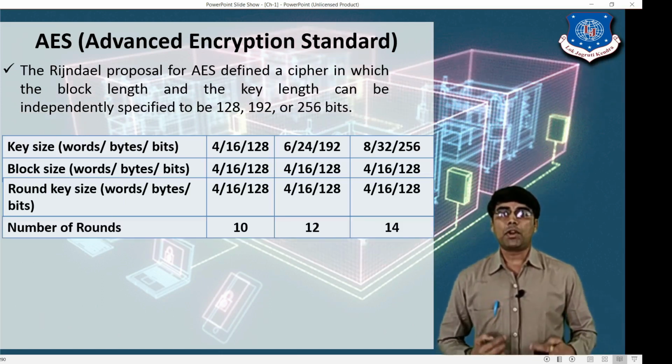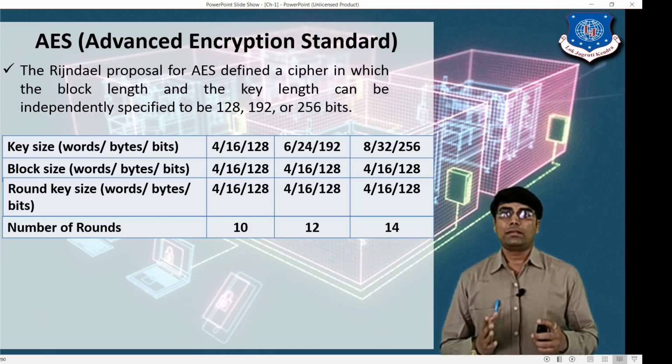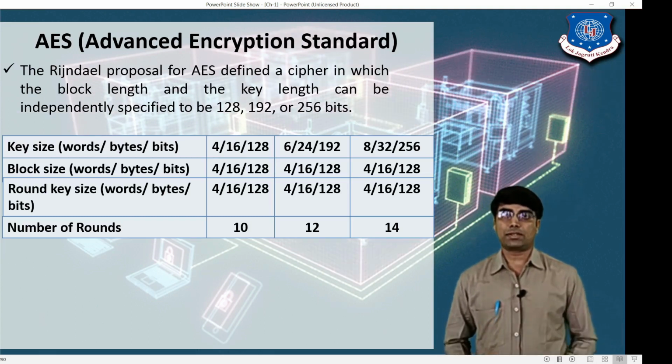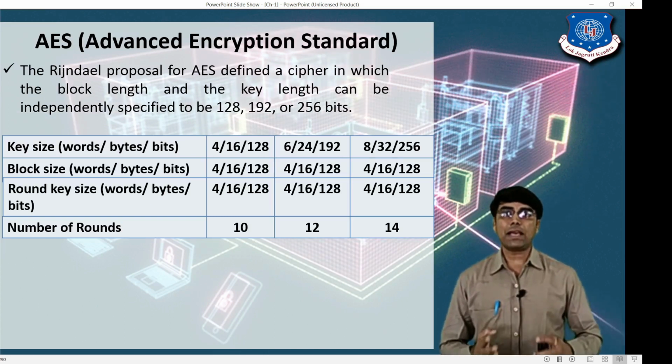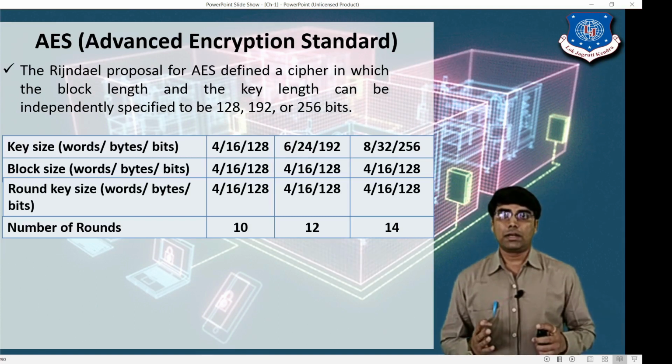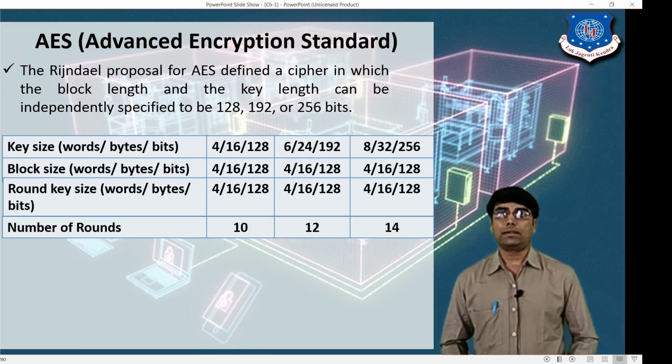Now, number of rounds. In DES, we have seen the total number of rounds is 16. Here, if the key size is 128 bit, the number of rounds required is 10.